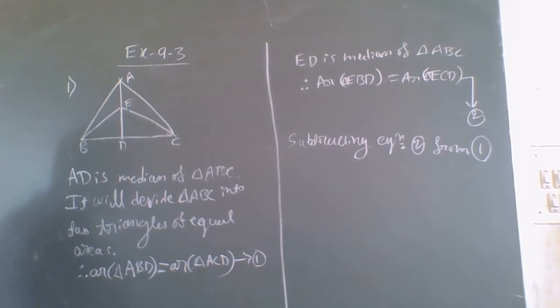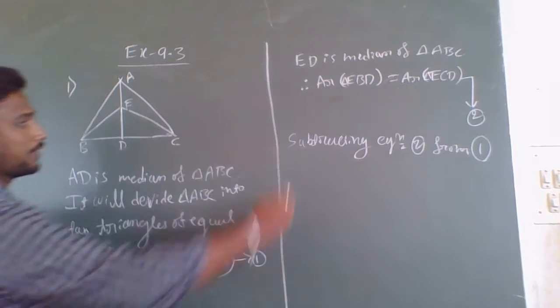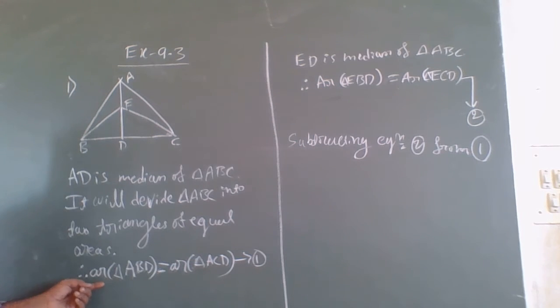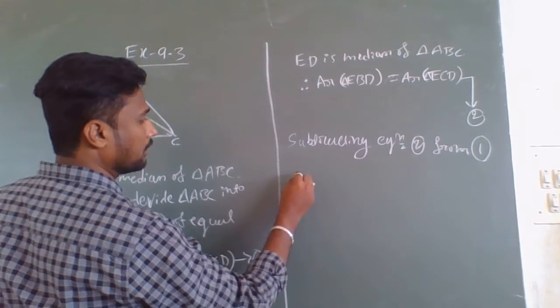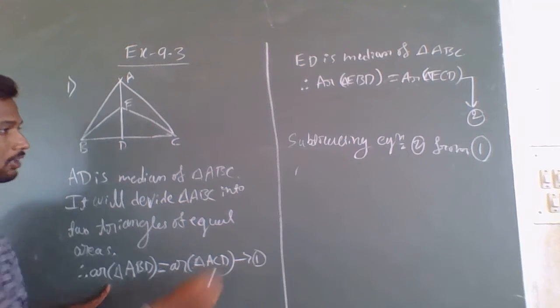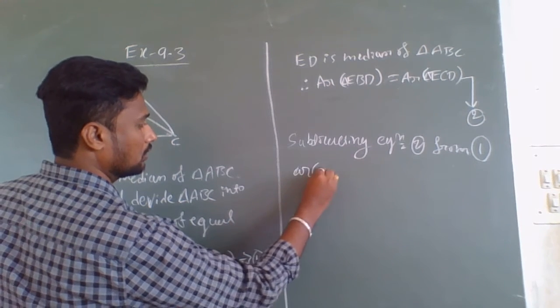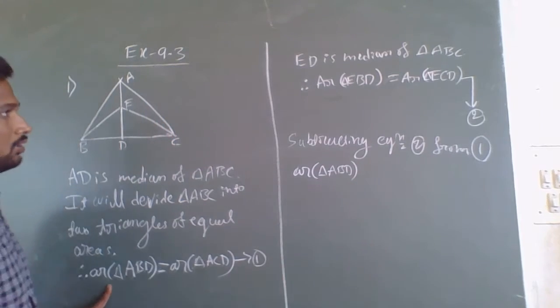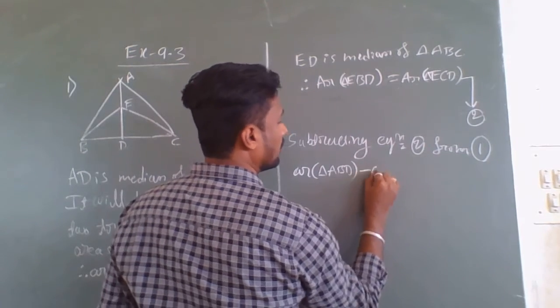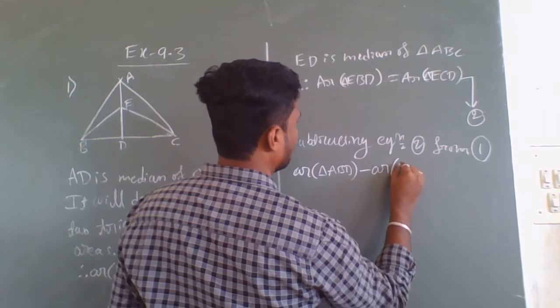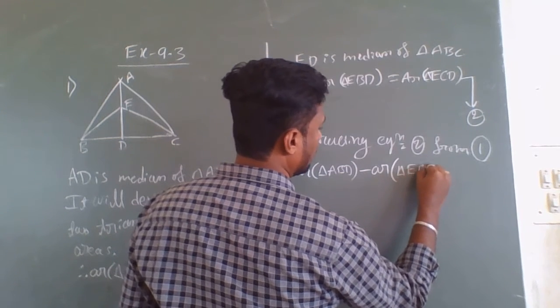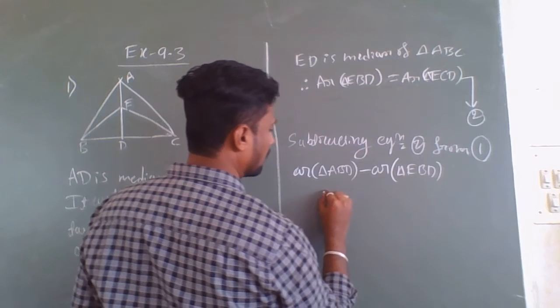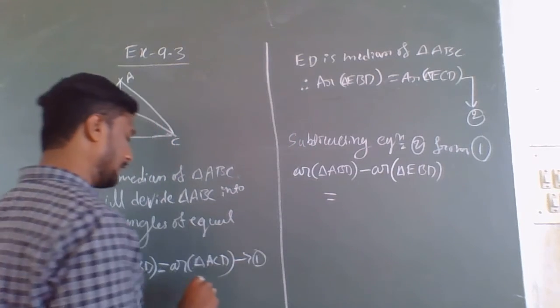First we will consider the left hand side only. So area of triangle ABD minus area of triangle EBD equals, now we will consider the right hand part.